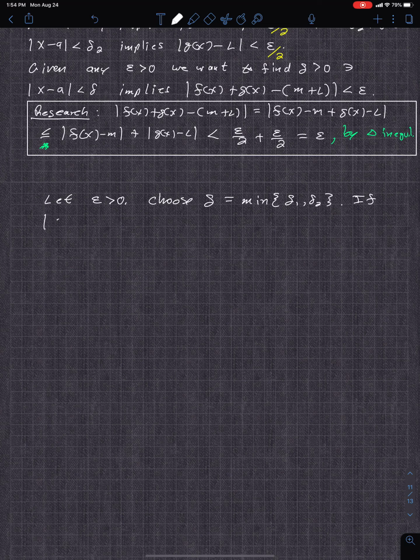If absolute value of x minus a is less than delta, then now you can just restate basically that stuff. Okay, and I'll write that out again.